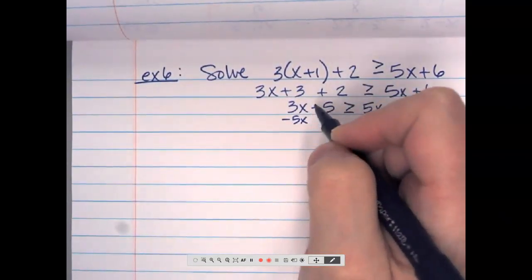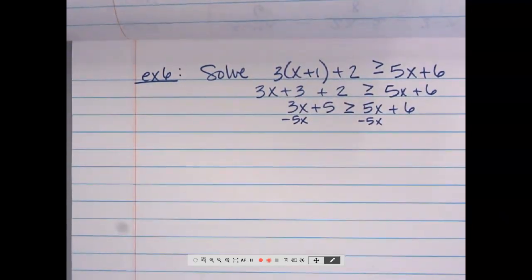Now, I will join team always on the left side with inequalities. I will always bring my x's to the left if it's an inequality.